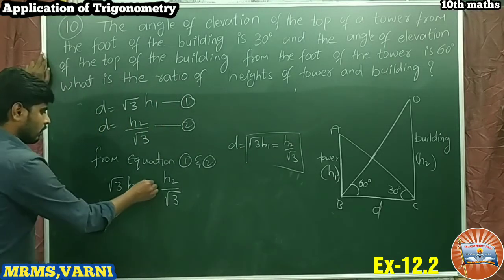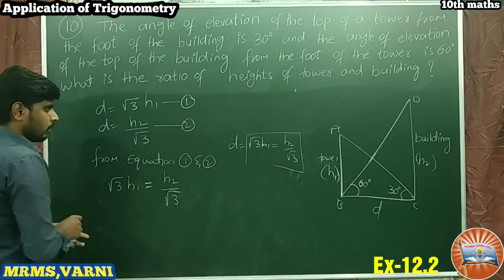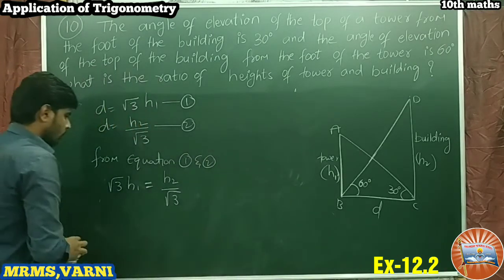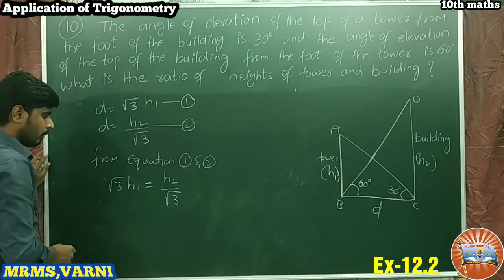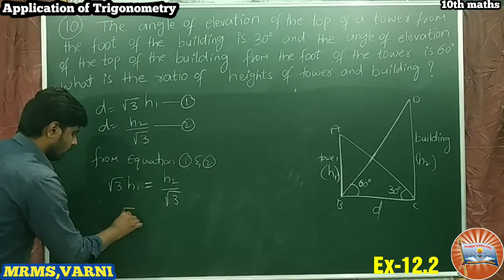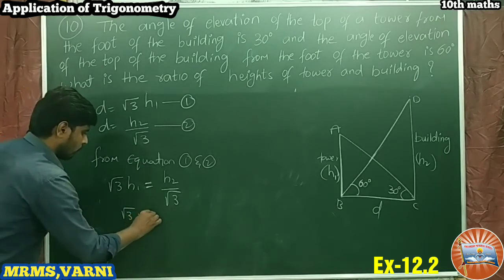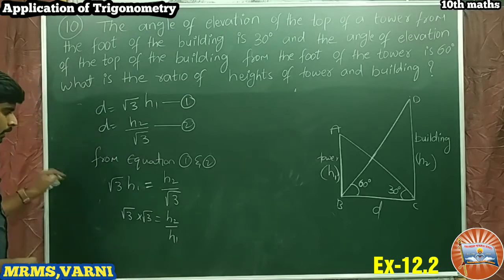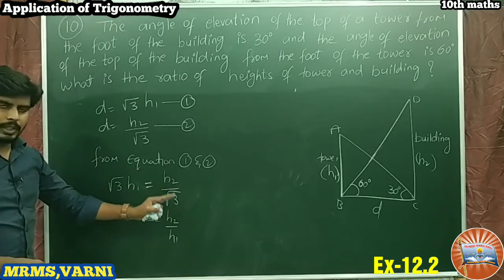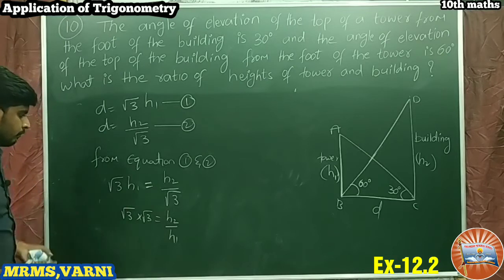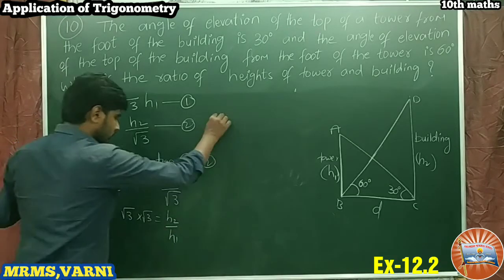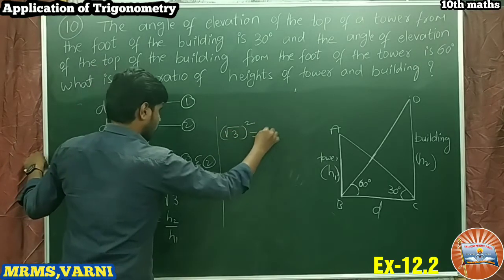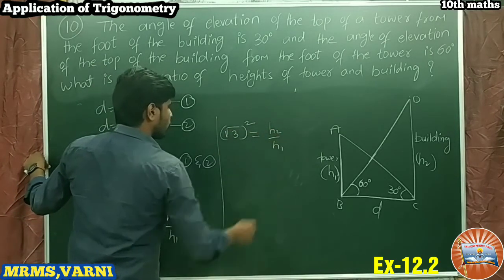This is rough work, no need to write it in your notes. Right, so take the cross multiplication. What becomes? Root 3 into root 3 and H2 by H1. This H1 comes to the denominator of the H2 and root 3 comes to here. So root 3 into root 3, root 3 whole squared, is equal to H2 by H1.